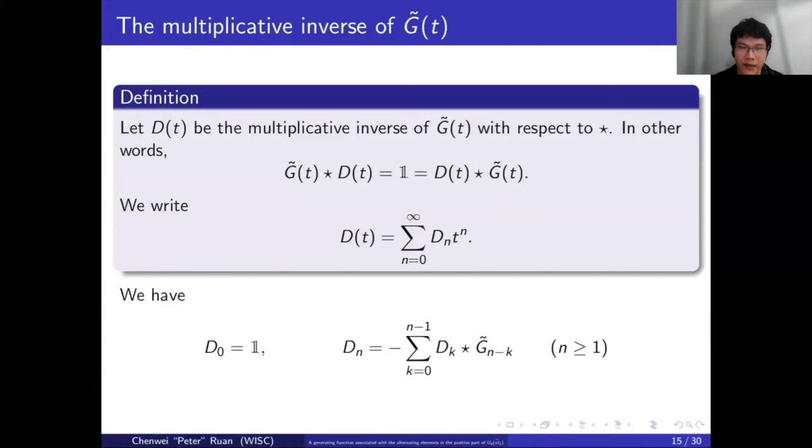Then we write down this expansion, where the coefficients in D of t are written as D_n. By the definition of multiplicative inverse, D_0 is 1, and we also have a recursive definition of D_n: D_n is the minus of this summation.